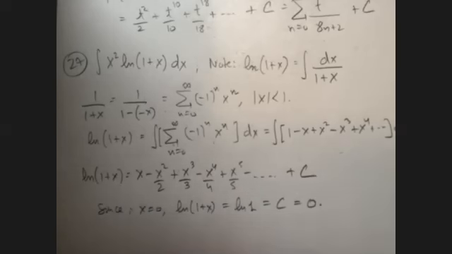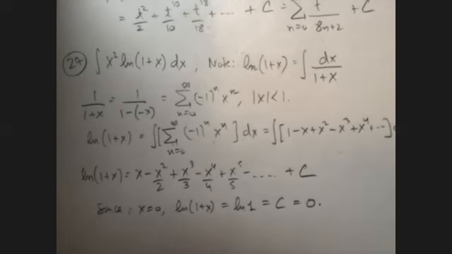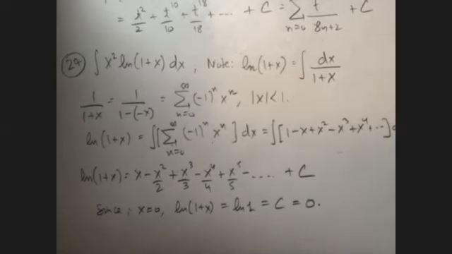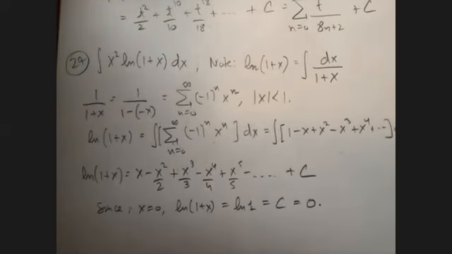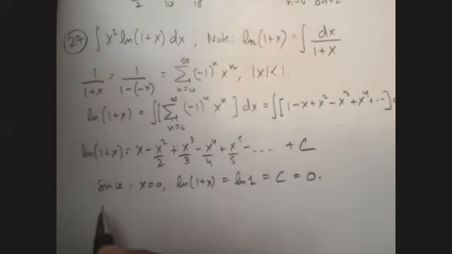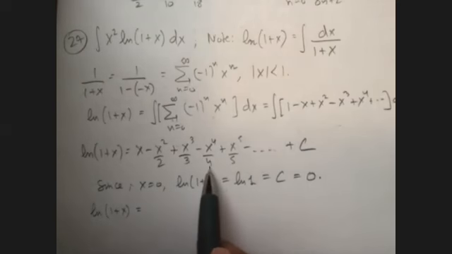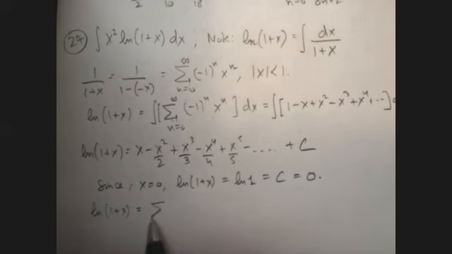So c is 0. So now if you observe, ln 1 plus x becomes this quantity, which is summation n equals 1, because it starts from x.